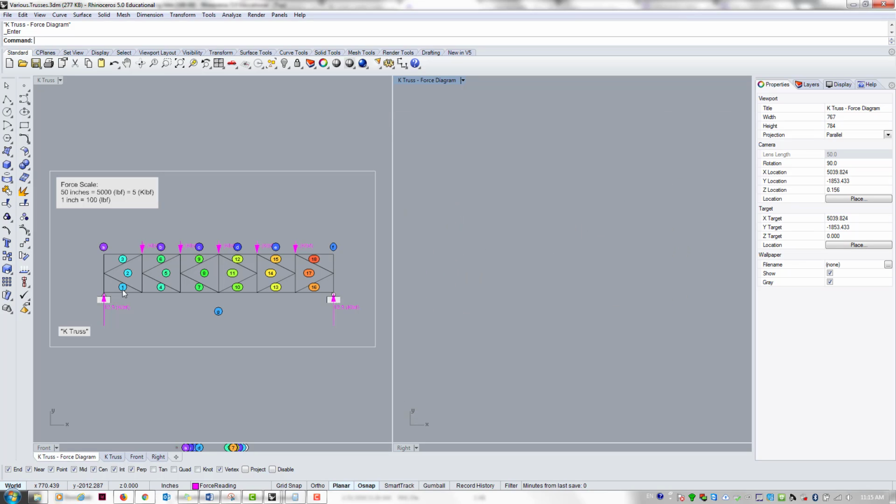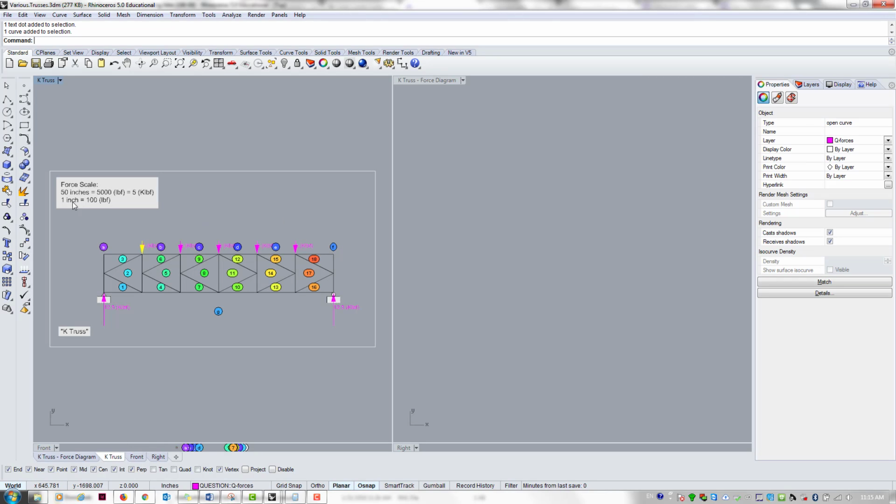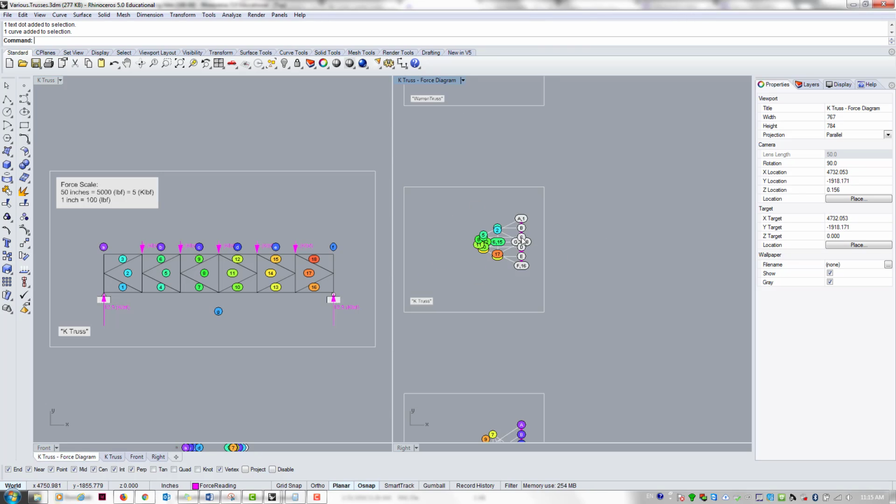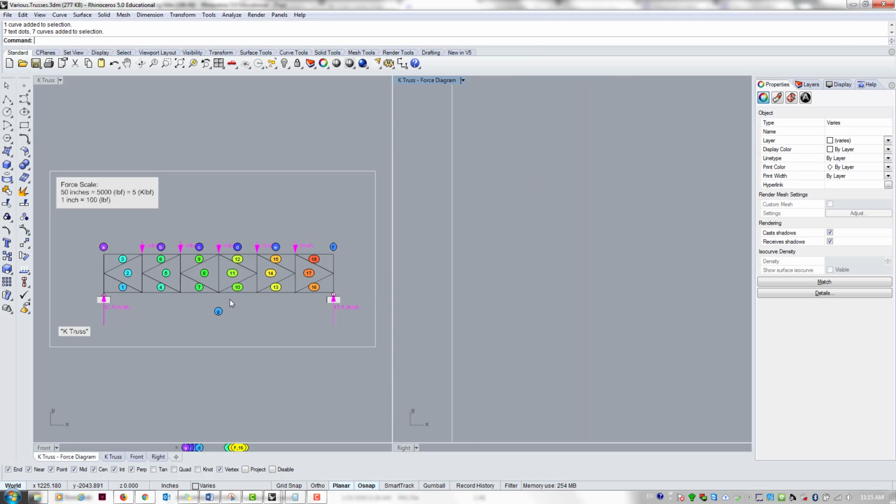Again, numbering alone takes some time, but A, B, C, D, F, G, that's the same exact thing. I'm going to name each of these areas, right? Same thing. I think I'm going to cheat on this side too.